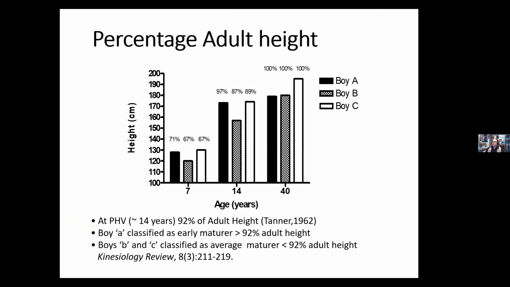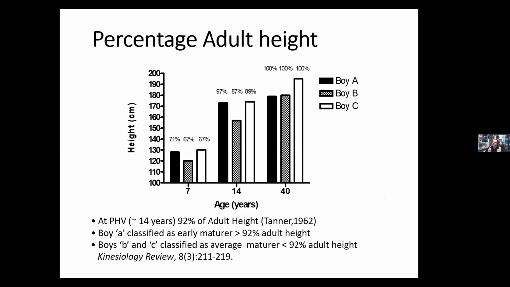Taking that picture and actually making it graphical, what I'm showing you here is their actual heights at 7, 14 and 40 years of age, but this time aligning it to their adult stature. So again, you can see that boy C at 40 years of age is considerably taller.